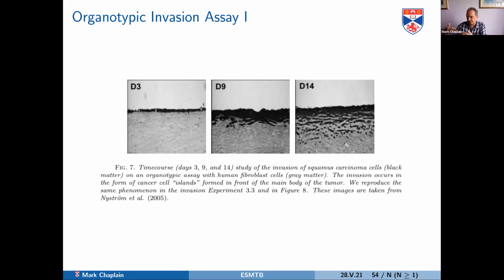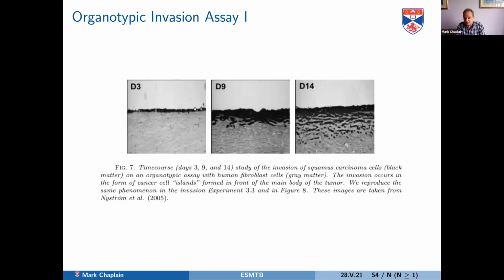Obviously in patients, you're seeing things at a later stage. In an in vitro assay where you have organotypic gels and you put some cancer cells on the top, you get a really nice visualization of the spread of the tumor cells, the cancer cells into the assay. These are three-dimensional assays, and then they have a cross-section and you examine how the cancer cells have invaded. And so this is from a paper.